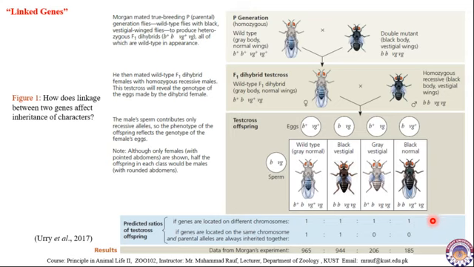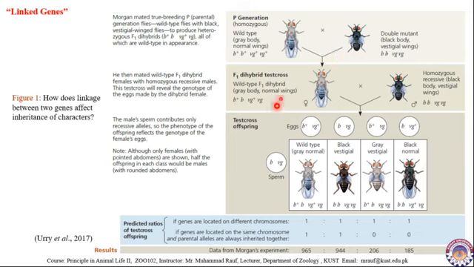But if there is linkage between the alleles, if the alleles determining different traits are closely located to each other, then they will not be separated from each other. So in that case, there will be more individuals of the parental type, either this type or this type, and there will be very few individuals having a new allele combination.